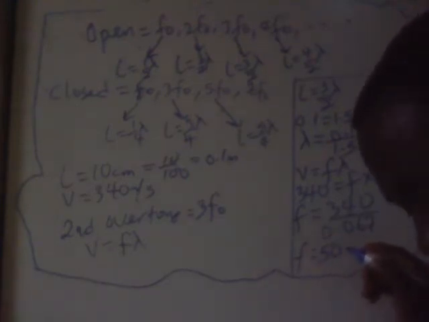What would that give us? 340 divided by 0.067 gives roughly F equals 5074.